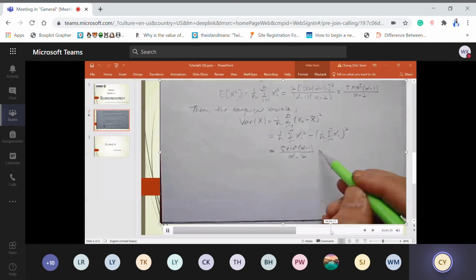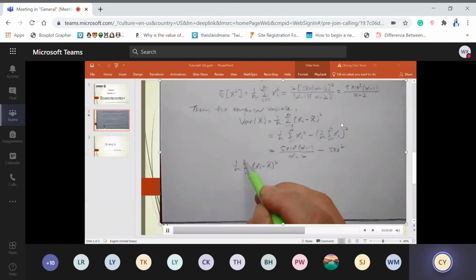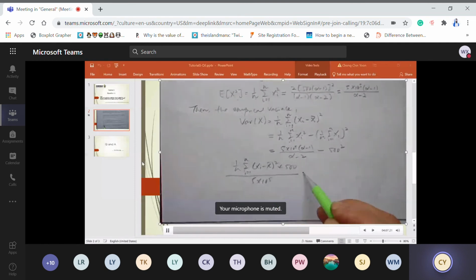And this result is given, which is 500 square. Next, we try to rearrange this empirical variance plus 500 divided by 5 times 10 to the power of 5, which is equal to alpha minus 1 divided by alpha minus 2.